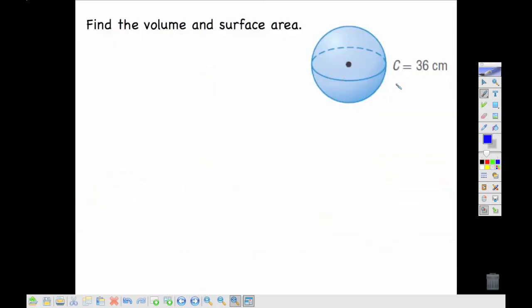Okay, if we want to find volume and surface area then, the most important thing again was radius. Now notice they don't give us the radius in here, they give us the circumference, so I'm going to have to find that. If our circumference is 36, I'm going to think about my formula, circumference is 2 pi r, and use that 36 to solve this for r. So my radius will be 36 divided by 2 pi.